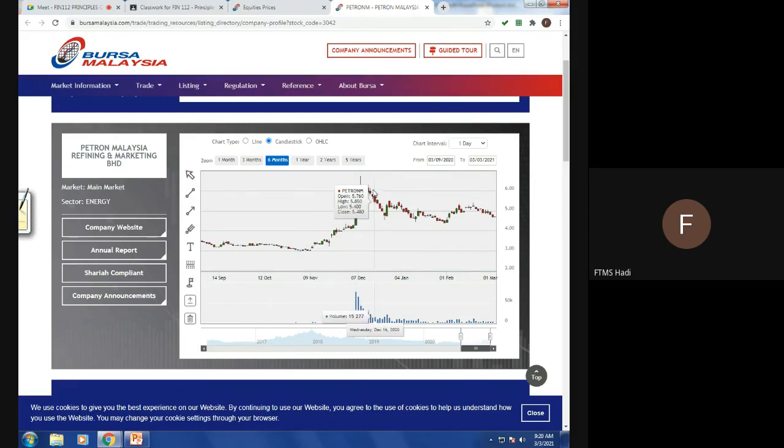But for the red one, it's a negative change: open 6.3, close 5.7. So if the green is more than red, that means the trend will be bullish.